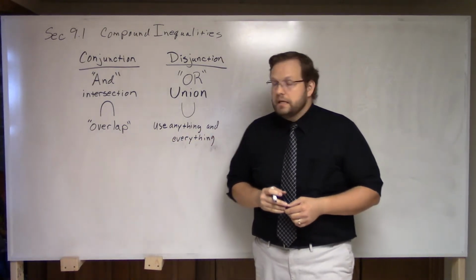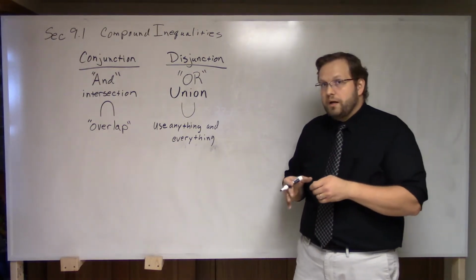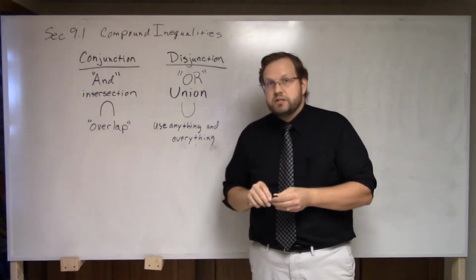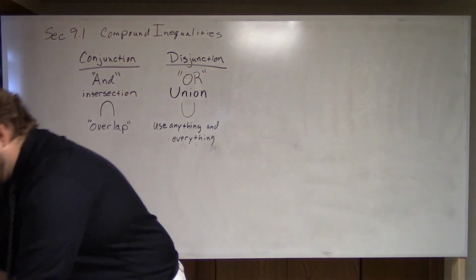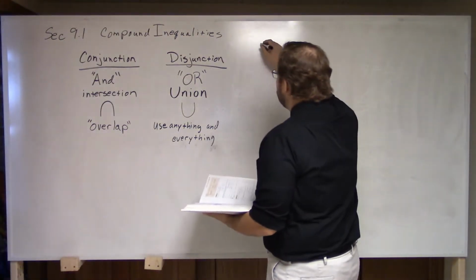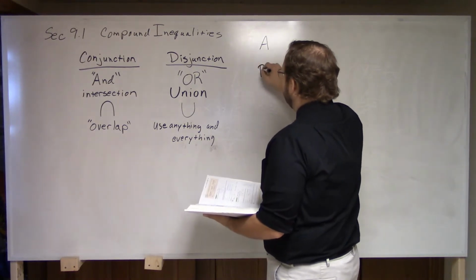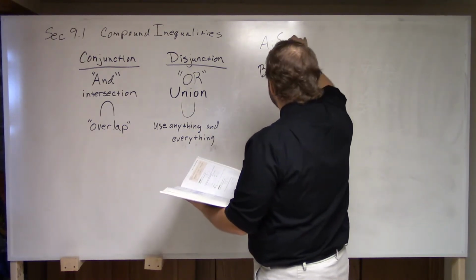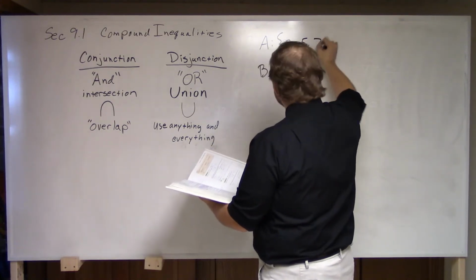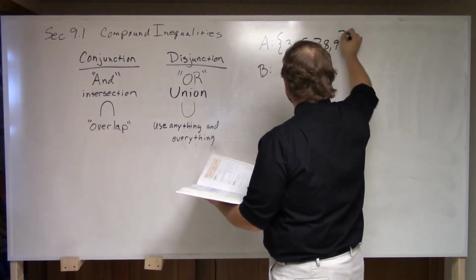Okay? Now, again, we will get to the inequality aspect of these in a second, but let's just keep this kind of general, just to, again, illustrate what these are talking about. So let's say I give you two sets. And let's say set A is 3, 5, 7, 8, and 9.